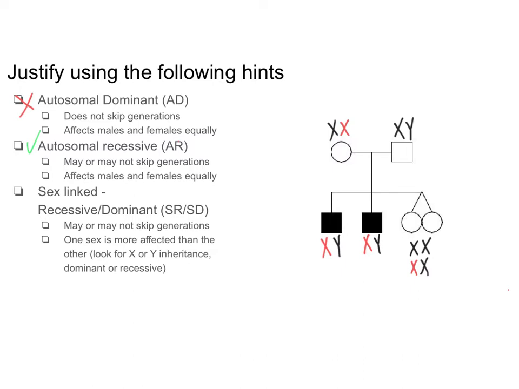And because they still have this normal X chromosome, they do not show the symptoms of the disease. Had this been X dominant, then they would only need one copy to show the condition. So this is most likely, if it is a sex-linked trait, going to be an X recessive trait. Let's take a look at the next one.